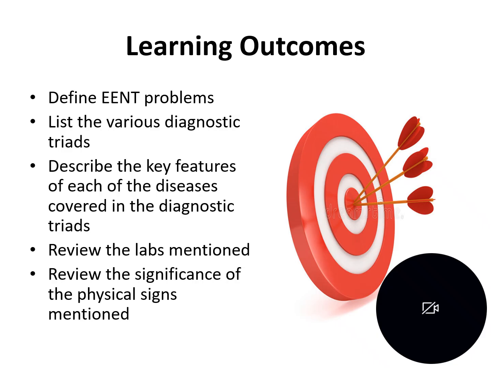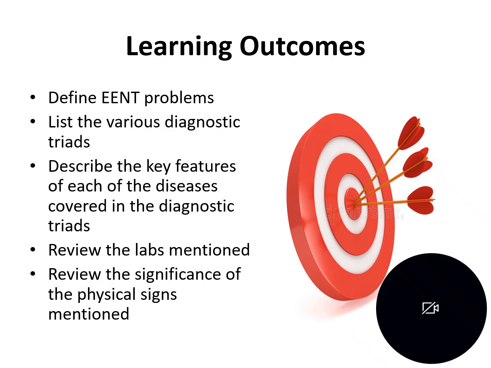These are the learning outcomes. At the end of this week, you should be able to define what is meant by EENT problems, list the various diagnostic triads, describe the key features of each of the diseases that are covered in the diagnostic triads, review the labs that are pertinent to this week's disorders.